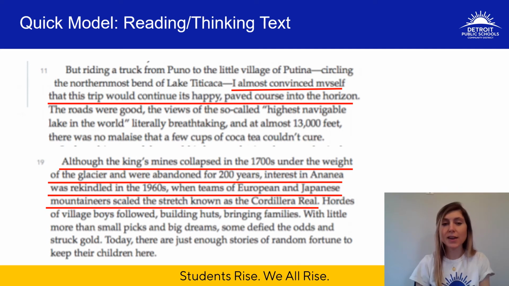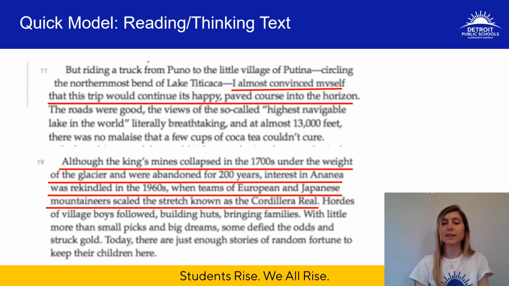Next, I lifted the line, "Although the king's mines collapsed in the 1700s under the weight of the glacier and were abandoned for 200 years, interest in the Ananea was rekindled in the 1960s when teams of European and Japanese mountaineers scaled the stretch known as the Cordillera Real."